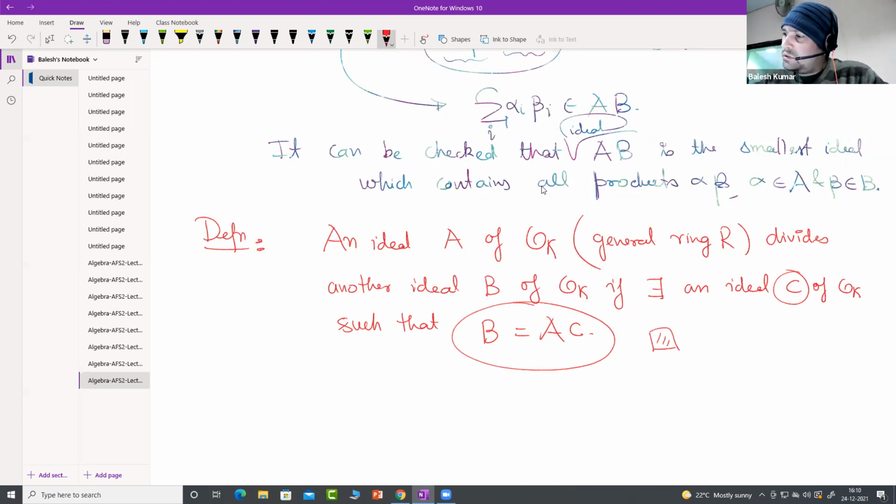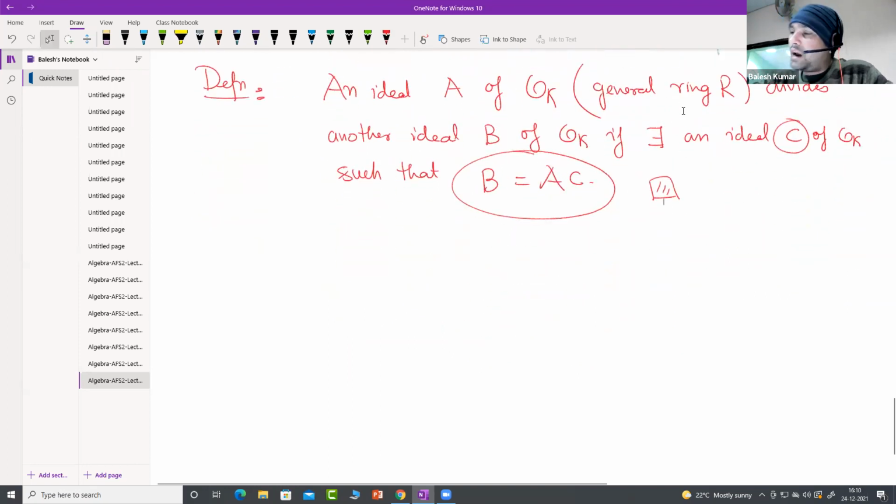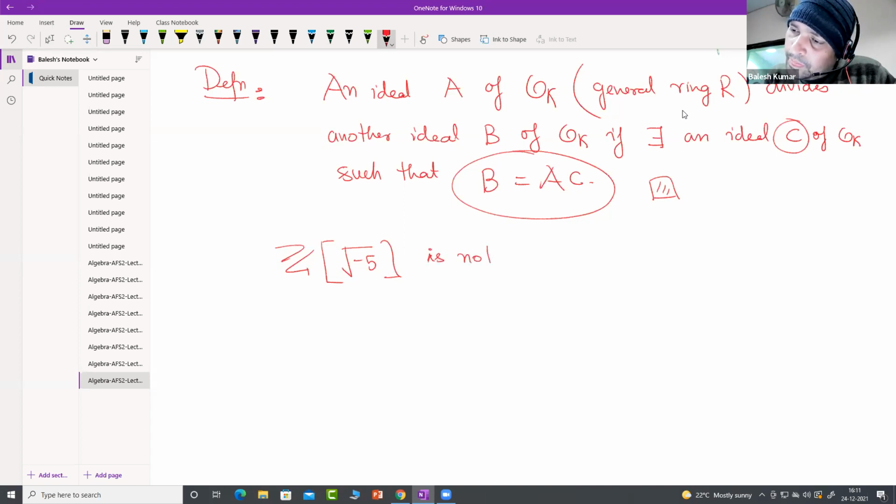And let us try to see quickly how the notion of multiplication of ideals can be used, for example, in the ring of integers. Here what we know is that Z[square root of -5] is not a UFD.